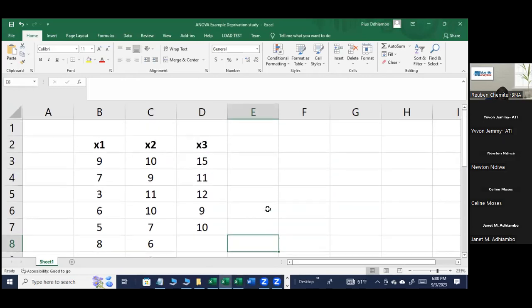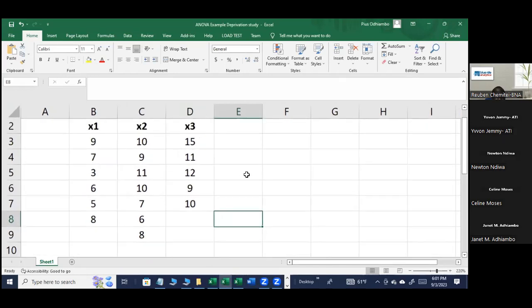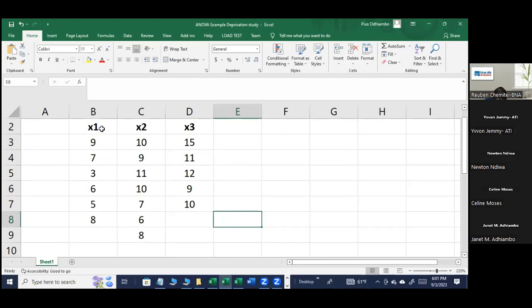We want to conduct analysis of variance. So X1 is the scores for group 1, then scores for group 2, scores for group 3.